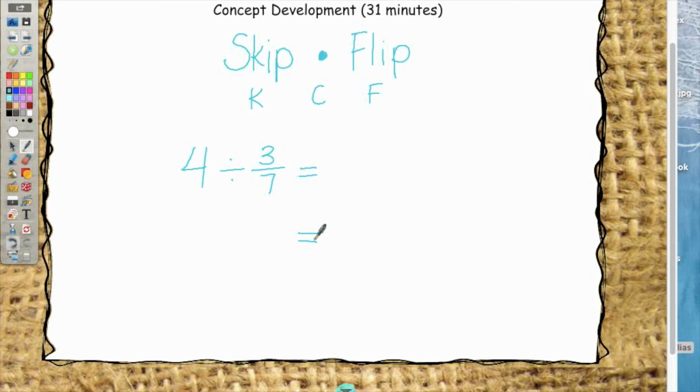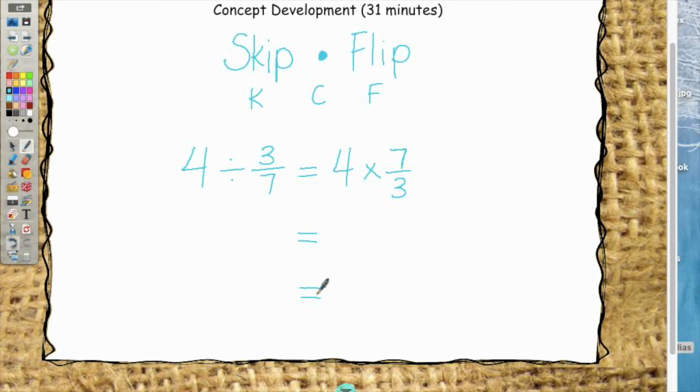Keep the 4. Okay. Lorenzo, what does the dot mean? Multiply. And McKenna, what does flip mean? 3/7 to 7/3.